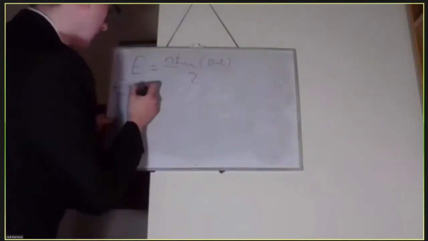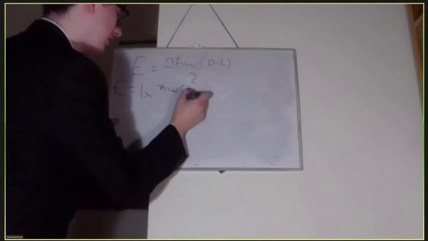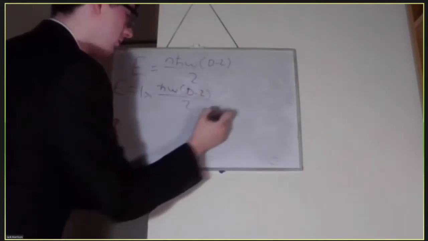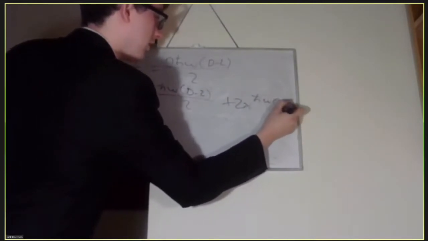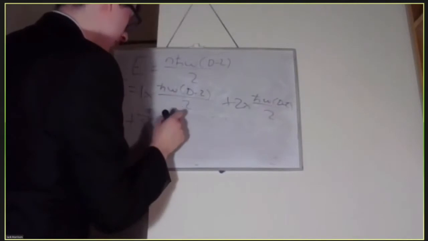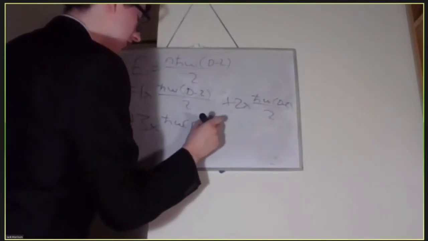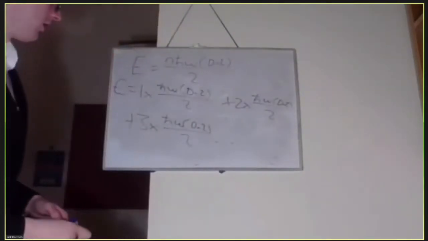So if it's taking all the energy levels, then that would be 1 times h omega d minus 2 over 2, plus 2 times h omega d minus 2 over 2, plus 3 times h omega d minus 2 over 2, and so on.